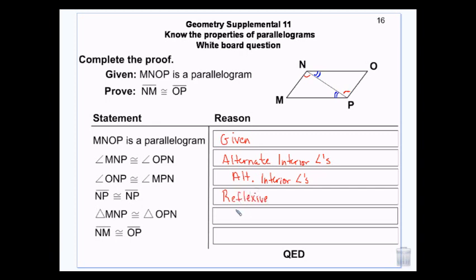These two triangles are congruent. Angle, side, angle. And if I say two triangles are congruent and then I say parts of the triangles are congruent, that's CPCTC. So I just proved that these opposite sides of this parallelogram are the same length.